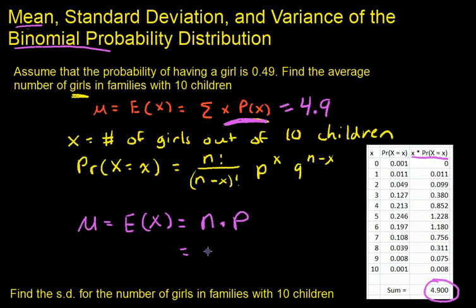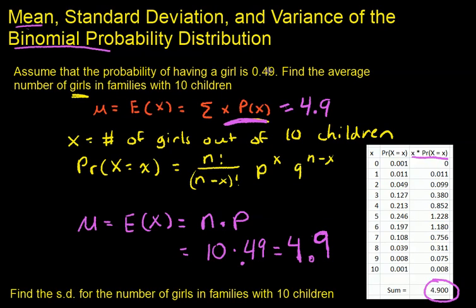In this situation, that's 10 trials times 0.49, the probability of success. That turns out to equal 4.9.